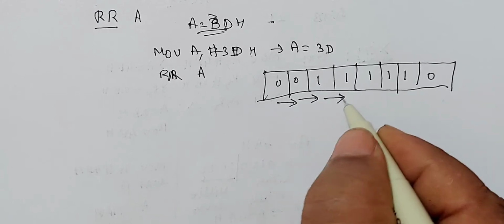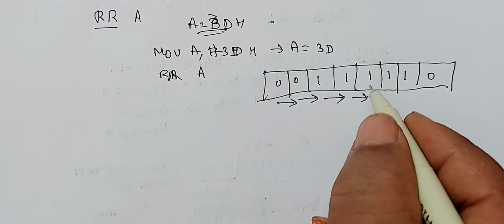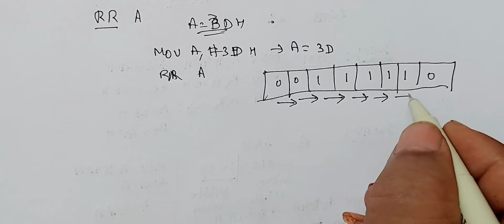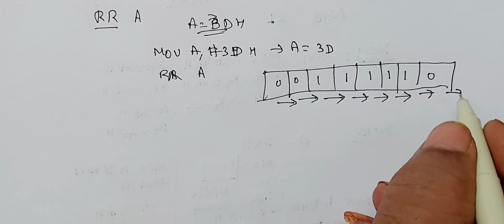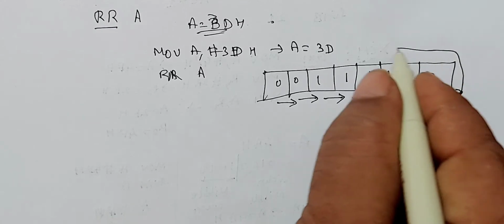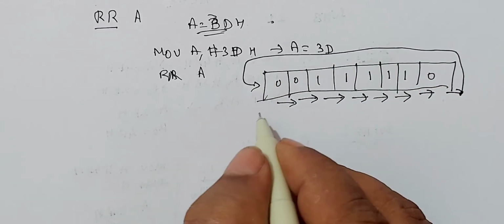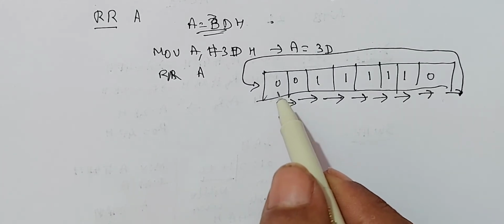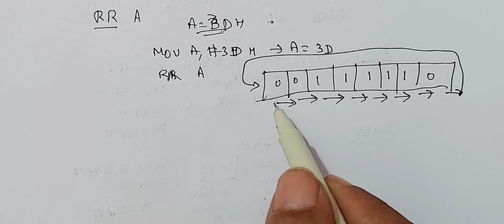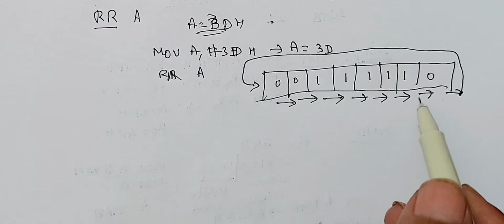This 1 is shifted here. This 1 is shifted here. This 1 is shifted here. This 1 is shifted here. This 1 is shifted here. This 0 is shifted to this. So in this way, you have to shift each bit to the right side.